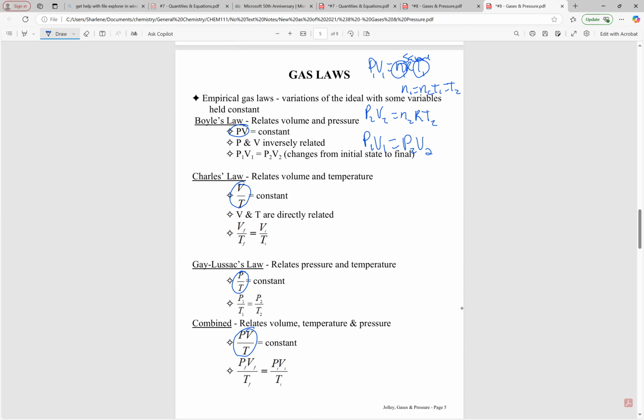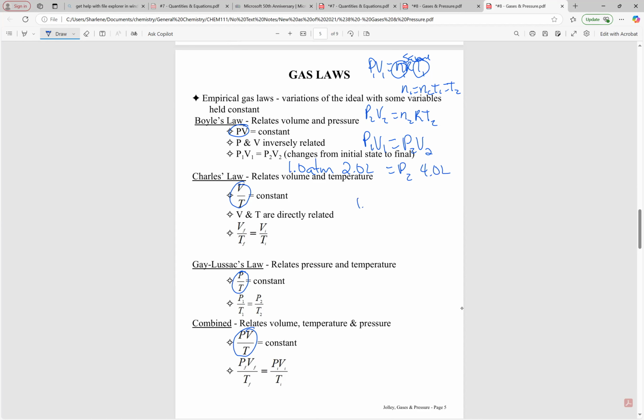So I can now put in numbers. If I have, I don't know, 1 atmosphere in 2 liters, what will my new pressure be if I double the volume? If everything else stays constant, I can use Boyle's law.